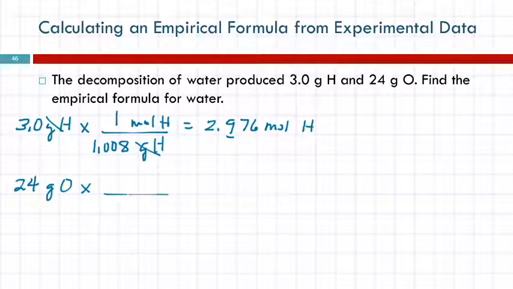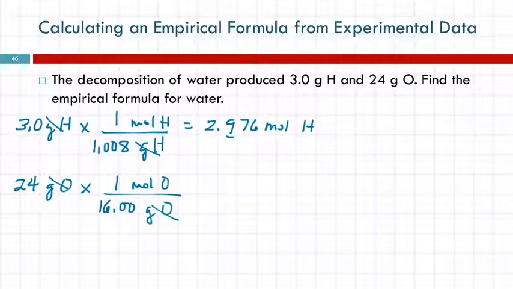And so I need to do this for the oxygen as well. I want to figure out how many moles of oxygen. So I need to divide by grams of oxygen. 1 mole of oxygen, we look it up on the periodic table, weighs 16 grams. So I've got 24 divided by 16, and this is showing me 1.5.